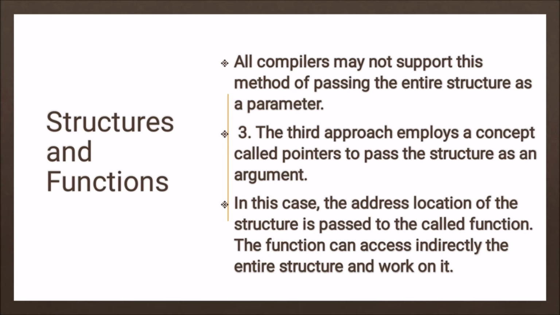Now the third approach employs a concept called pointers to pass the structure as an argument. In this case, the address location of the structure is passed to the called function, and the function can access indirectly the entire structure and work on it. So this is the concept of passing pointers, and using that address, the function can use the structure.